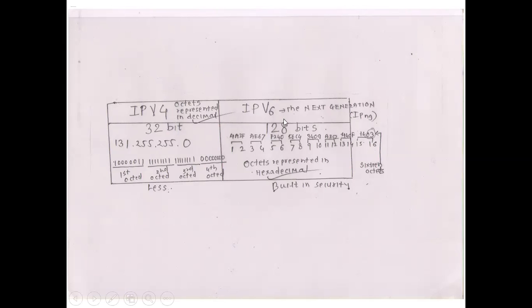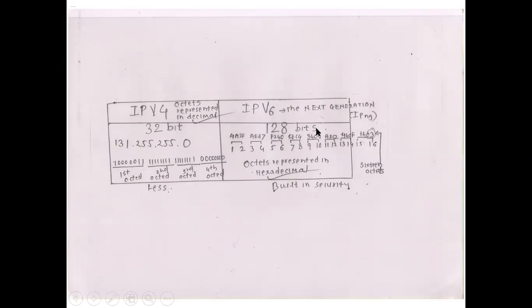That is IPv6. Instead of a 32-bit number, it is a 128-bit number. So 2 raised to 128 IP addresses are possible in IP version 6. Here you are not getting just one IP address per person, but millions of IP addresses can be given to each person, because it is 128 bits, 2 raised to 128.